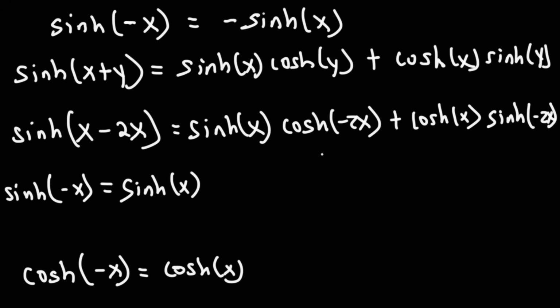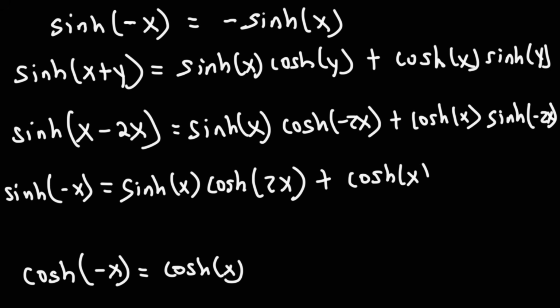So hyperbolic cosine of negative 2x should be the same as hyperbolic cosine of 2x. Hyperbolic sine of negative 2x. Now, we know this identity to be true, but we're trying to prove it, but we can still apply it. This is going to be negative hyperbolic sine of 2x.